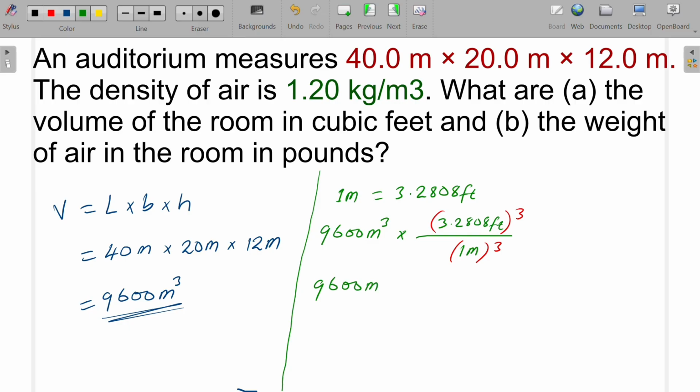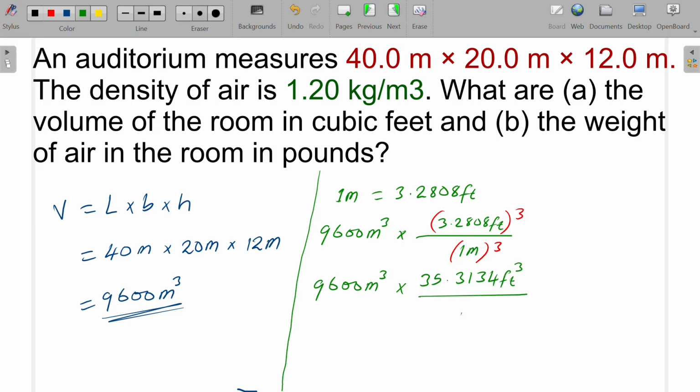We have 9,600 cubic meters multiplied by, now when we say 3.2808 to the power of 3, what we get there is 35.3134. And when we say feet to the power of 3, we get cubic feet like that.